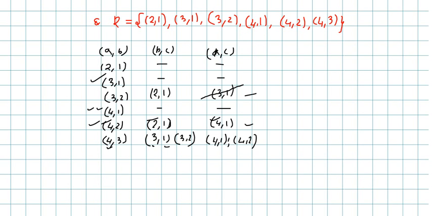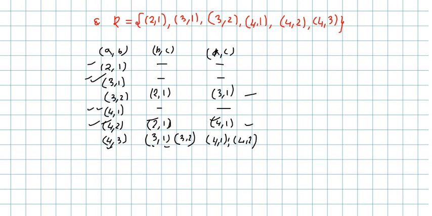Clear? So for the first two, only AB is present, BC and AC are not present, no problem. So it's okay. But if 3 2 is present, 2 1 is present, but 3 1 is not present, then this relation would have been taken as not transitive. Understand? So here I am going to write one very important thing.